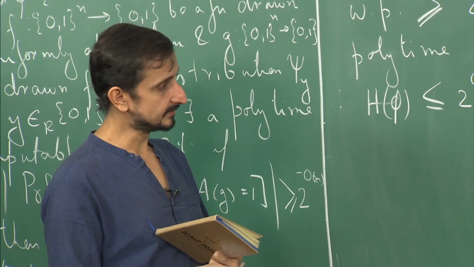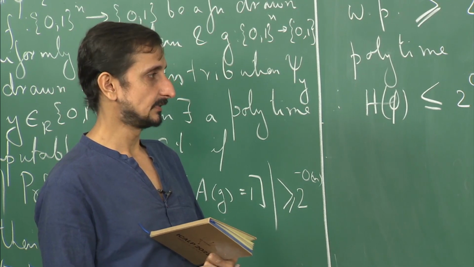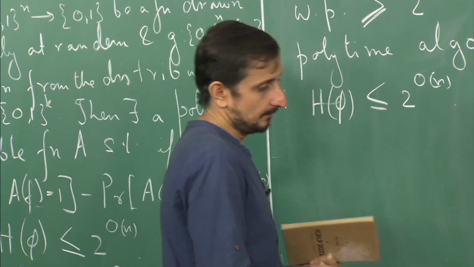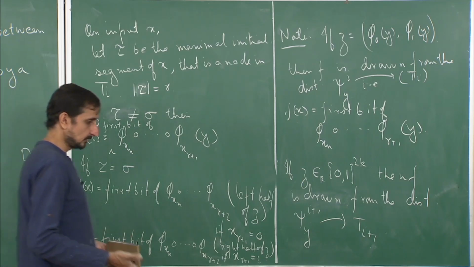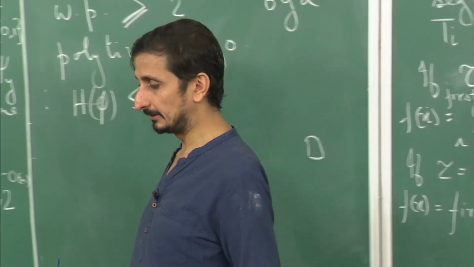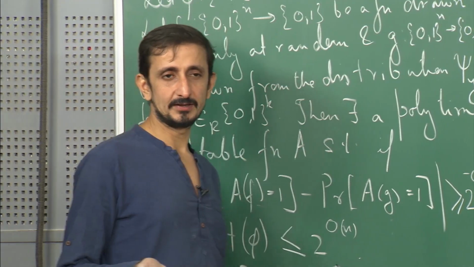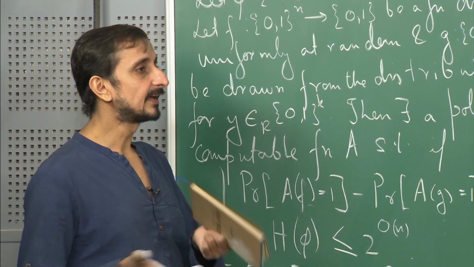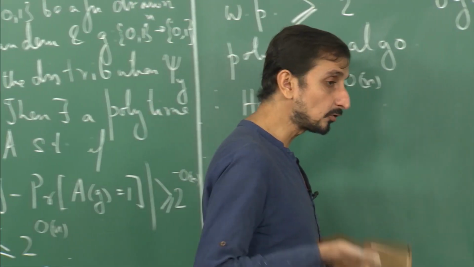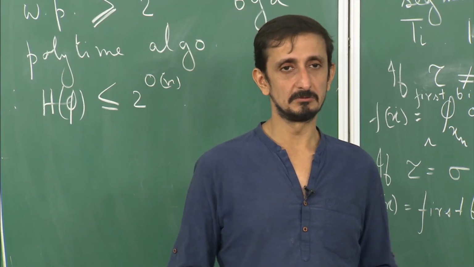So after that we move to lower bounds once again, and we saw the monotone lower bound for clique due to Razborov. Since clique is a monotone function, if you look at a monotone circuit for clique, what can we say about its size?